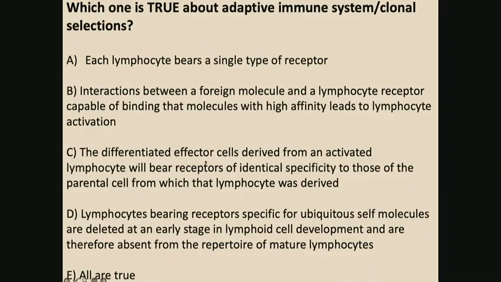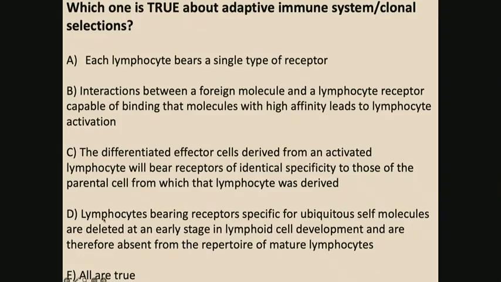The differentiated effector cell derived from an activated lymphocyte will bear receptors of identical specificity to those of the parental cell from which the lymphocyte was derived, correct? Because it's the same naive T cell that becomes now the activated effector T cell. Or for the B cell, it's the same B cell that will become the same clone that will become a plasma cell, okay?